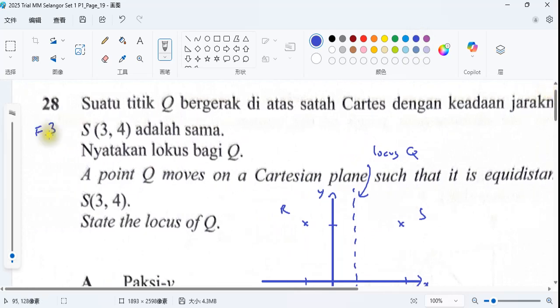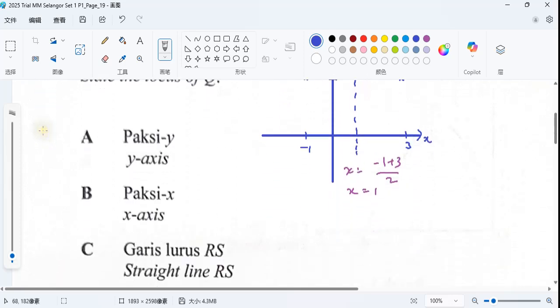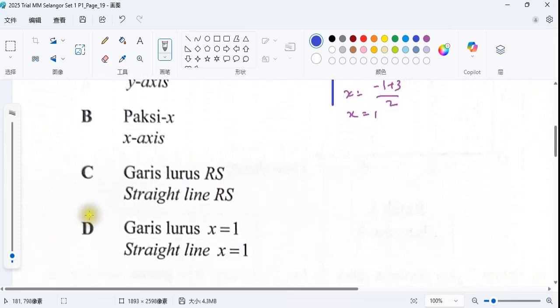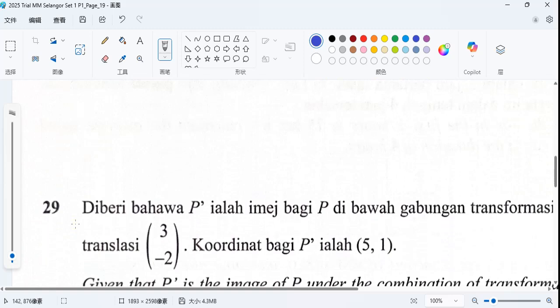So this one is Form 3 Chapter 8 locus, the straight line x equal to 1.